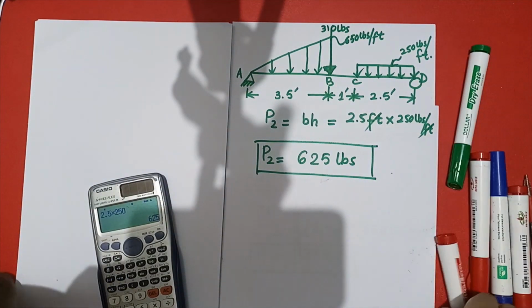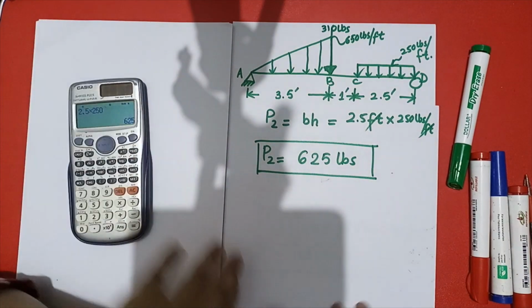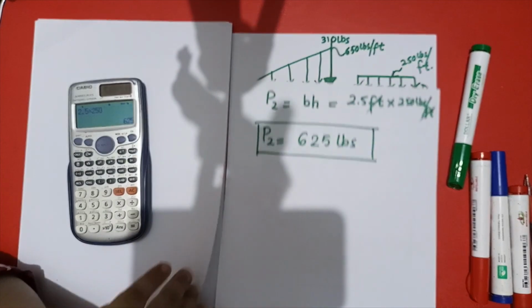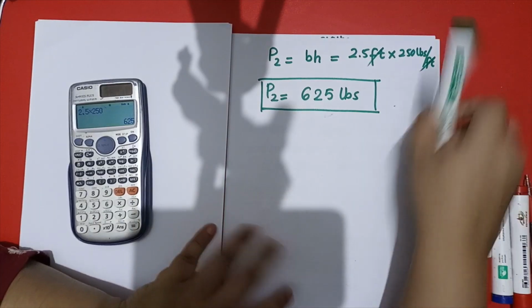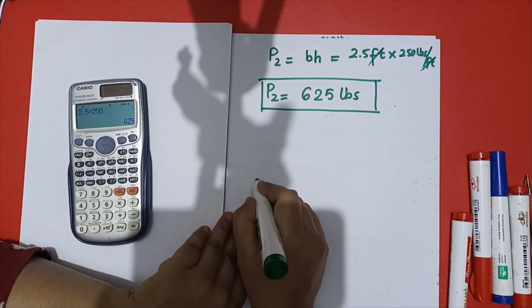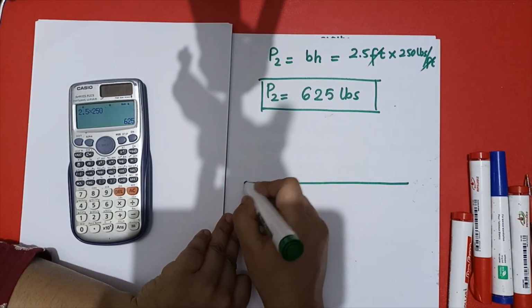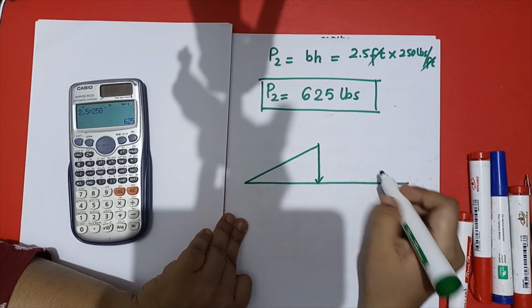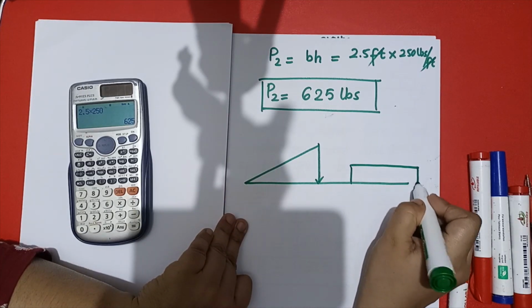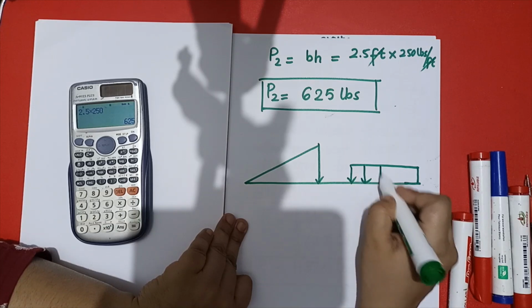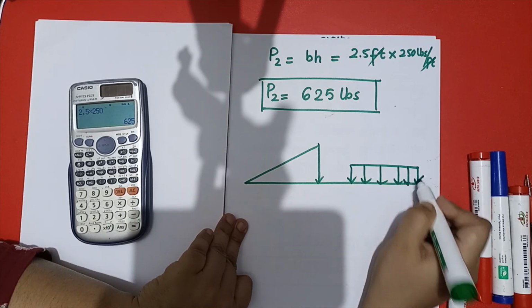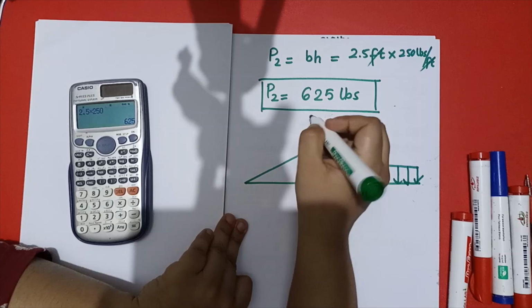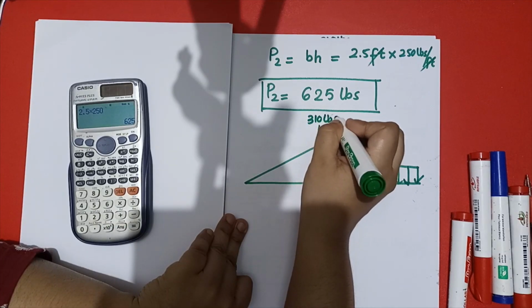Now I am going to draw the free body diagram of this beam. This is your beam which has the triangular loading, the uniformly distributed load, and this is 310 pounds.